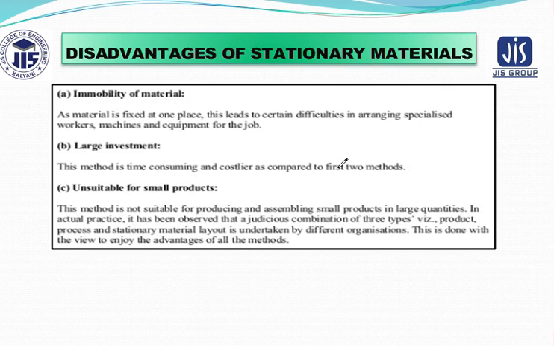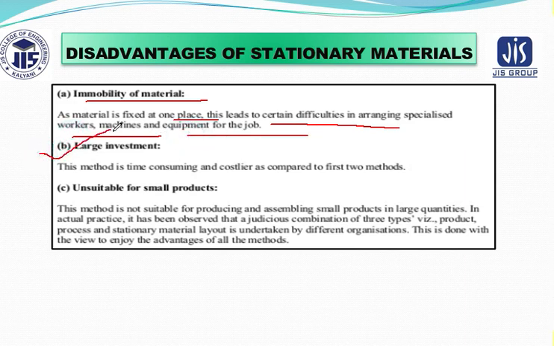Now if I talk about the disadvantages, immobility of material, as the material is fixed in one place. This leads to certain difficulty in arranging specialized workers and machines and equipment for the job. B is larger investment. This method is time consuming and costlier as compared to the first two methods.